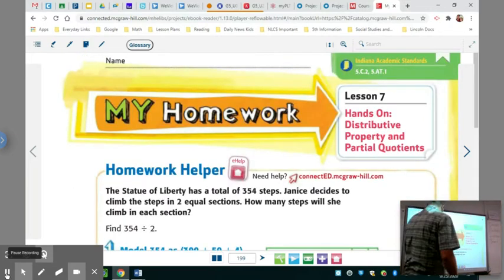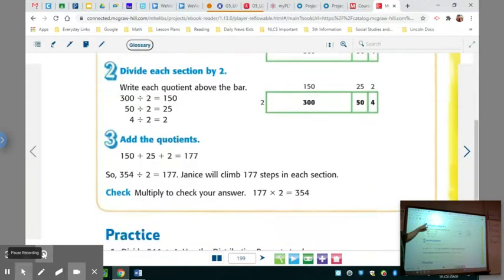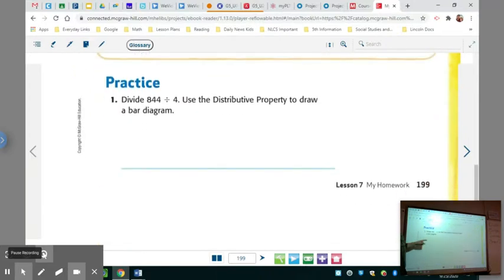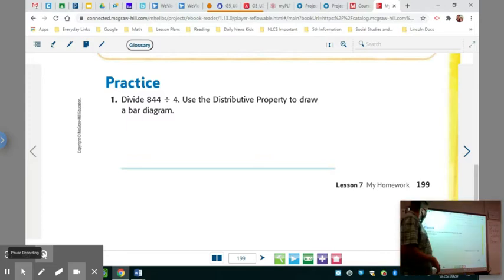Homework together here. Basically, since you all taught me how to do the partial quotient method today, we're using distributive on this one right here. So how are we going to split up 844, Laura?